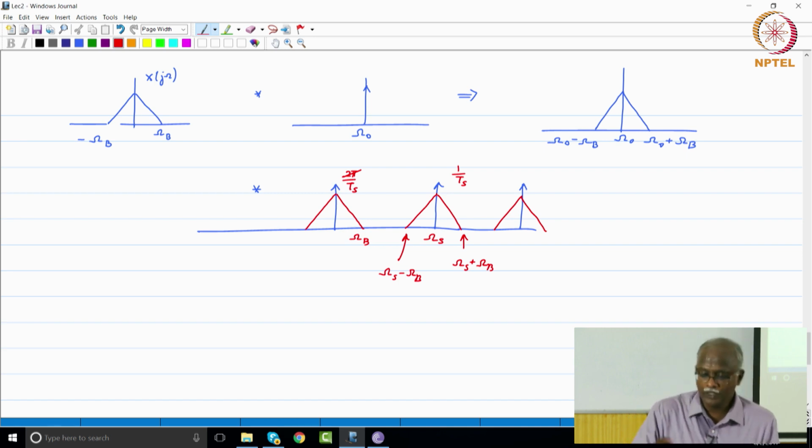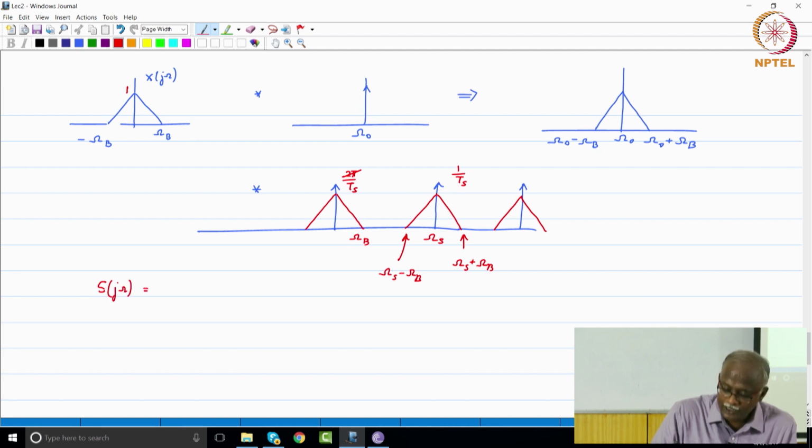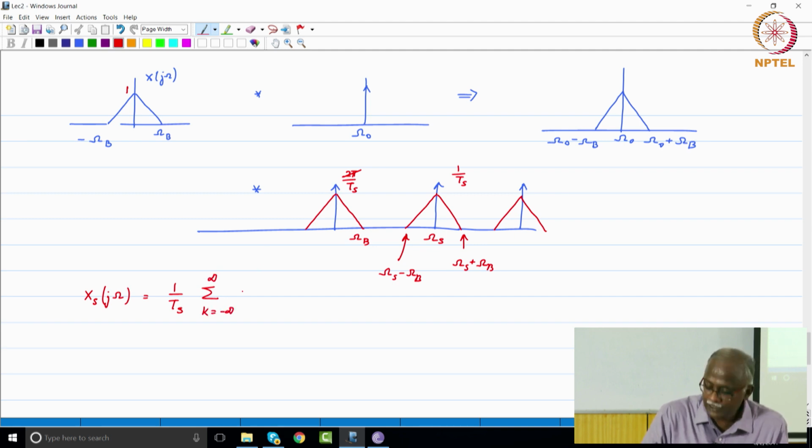Okay, so I hope you are clear that the input spectrum, if it had an amplitude of 1, through the process of sampling would have come to this. Mathematically, the sampled signal is a product of the two, so Xs of j omega is equal to 1 over Ts summation k equal to minus infinity to infinity Xc of j omega minus k omega s.